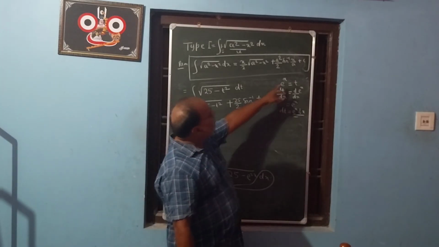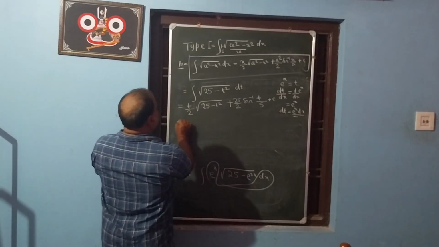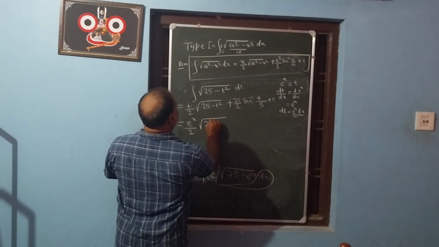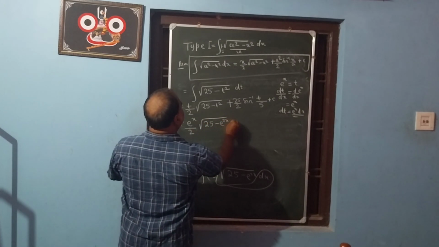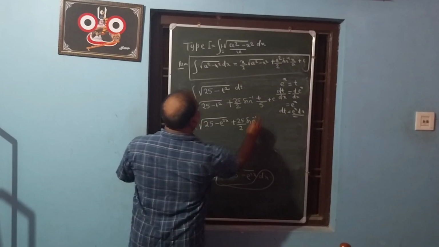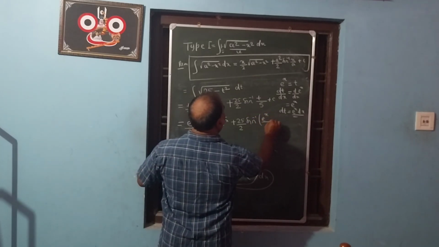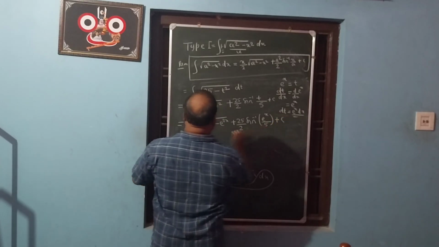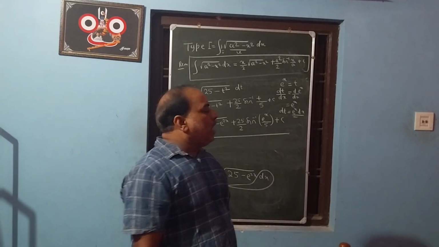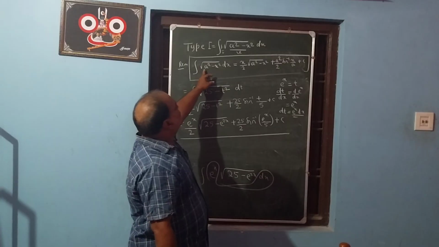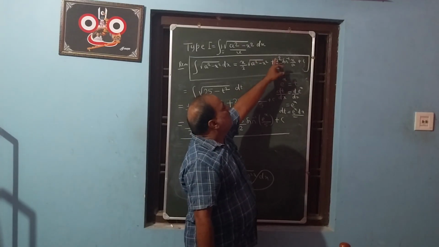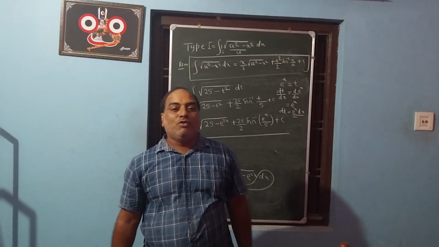Now in place of t we put e to the power x. So we get e to the power x by 2 root over 25 minus e to the power 2x plus 25 by 2 sin inverse e to the power x by 5 plus c. So this is the answer. So now integration of root over a square minus x square is x by 2 root over a square minus x square plus a square by 2 into sin inverse x by a.